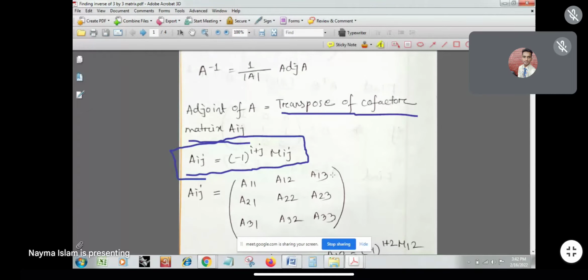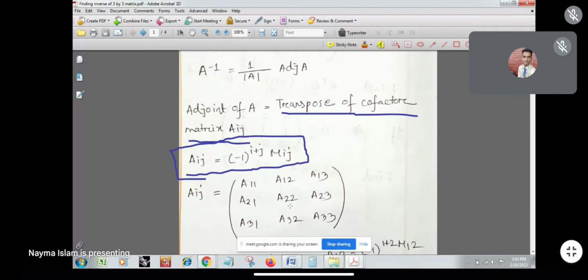Similarly, for a 3 by 3 matrix there will be a total of 9 elements here, and the subscripts indicate the position. i means row, j means column. If 1, 1, it means first row, first column. If i is 2, j is 1, that means second row, first column. So i represents row and j represents column.